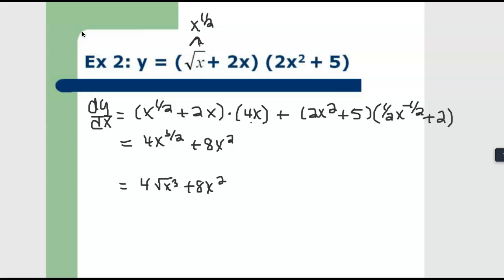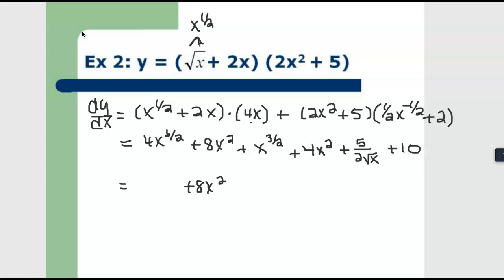So 1/2 times 2 is 1. X squared minus 1/2 gives x to the 3/2. 2 times 2 is 4x squared. And 1/2 times 5 is 5/2. Since that was x to the negative 1/2, it would drop to the denominator as a positive. And 2 times 5, which is 10.